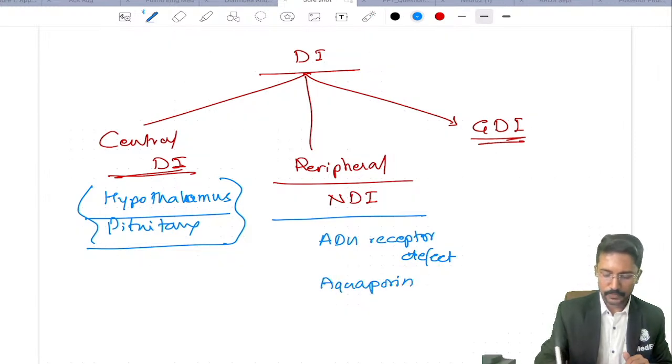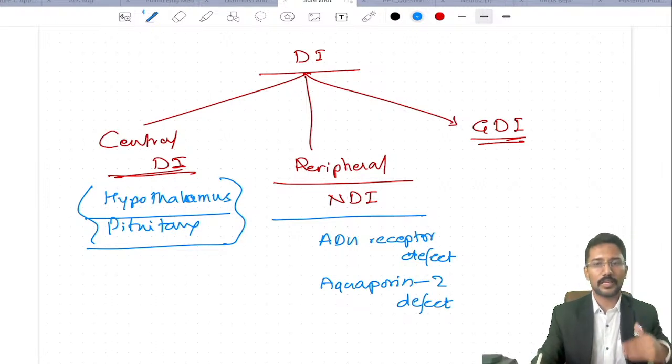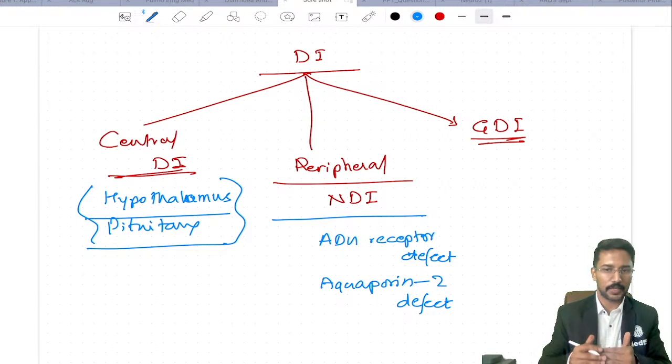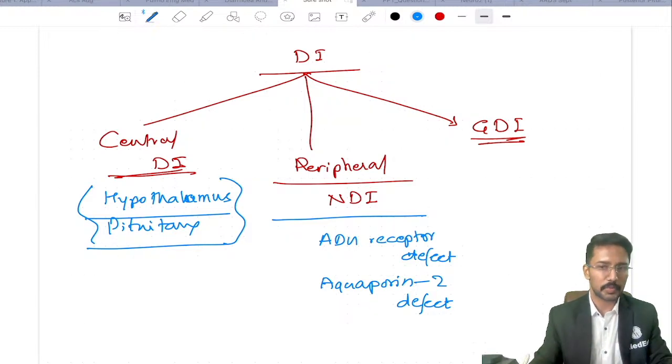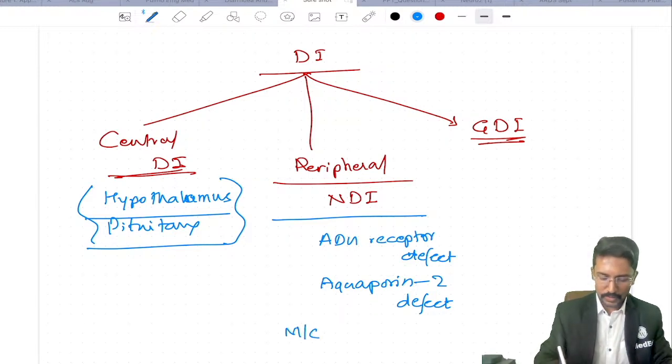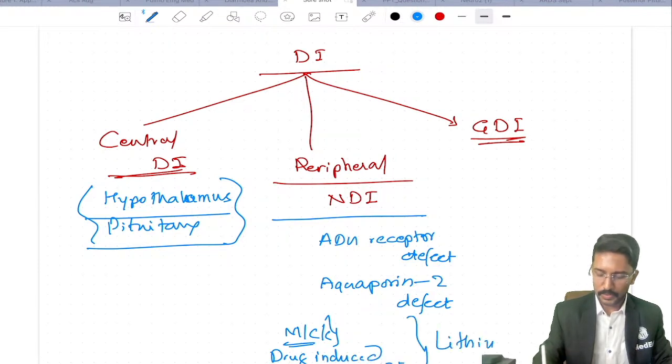Aquaporin 2 defect. Then third, drugs can interfere with ADH action at the level of the kidney, and they can cause diabetes insipidus. And the most common cause for drug-induced NDI is lithium. Drug-induced nephrogenic diabetes insipidus is most commonly due to lithium.